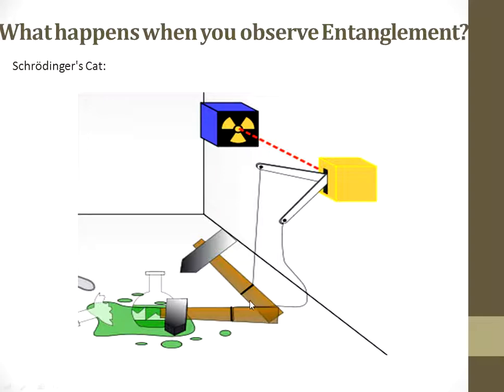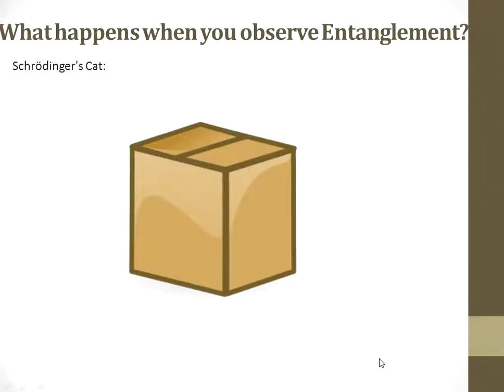Once that radioactive decay happens, it will fire, causing the hammer to break the vial of poison, killing the cat. If we stood outside the box, you wouldn't know if the cat is dead or alive, as long as it didn't move and you couldn't see any movement of the cat in there.